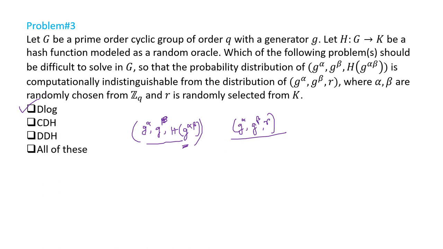Okay, so which of the following problems should be difficult to solve in G so that these two remain indistinguishable? So for indistinguishability of these two, we need discrete log to be hard. This is correct. What about computational Diffie-Hellman? Do we need this to be hard so that they remain indistinguishable or not? So let's assume CDH is not hard.